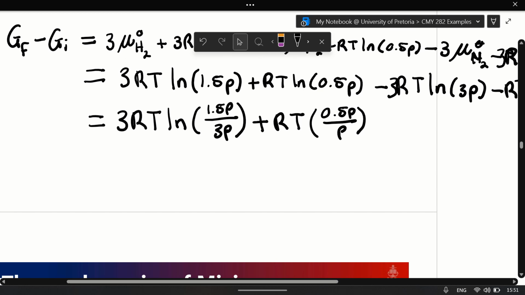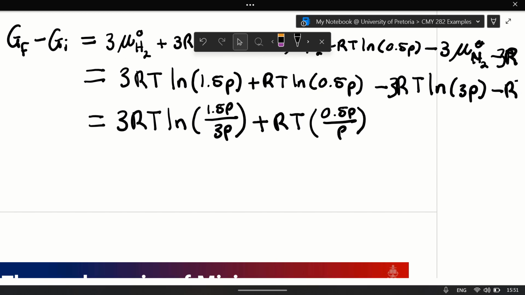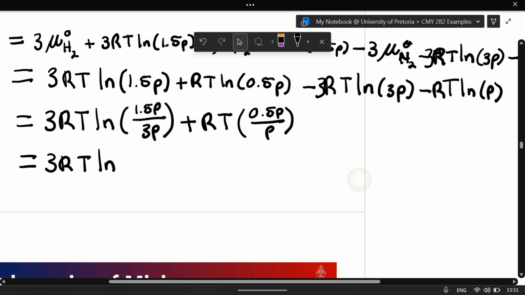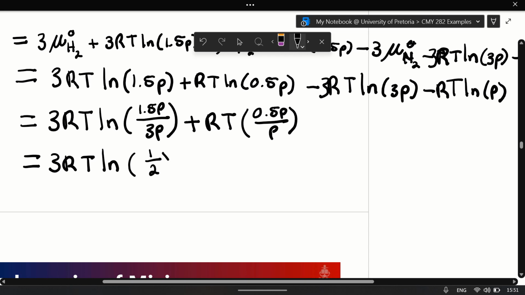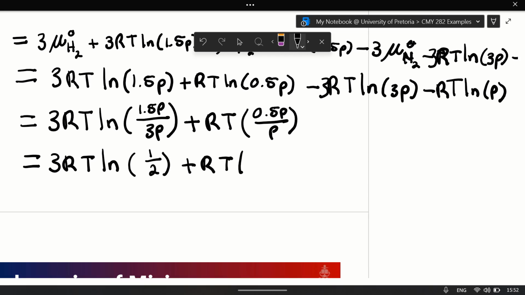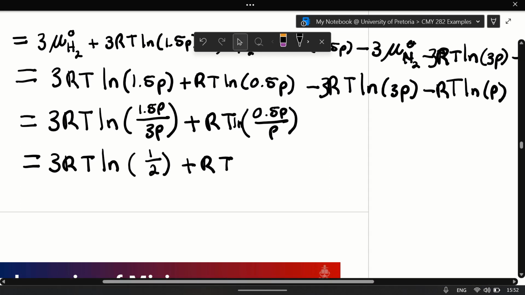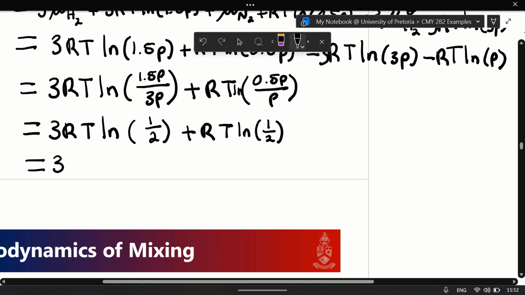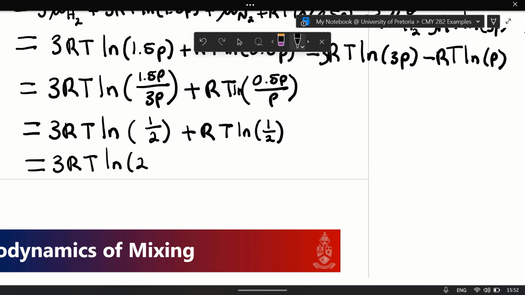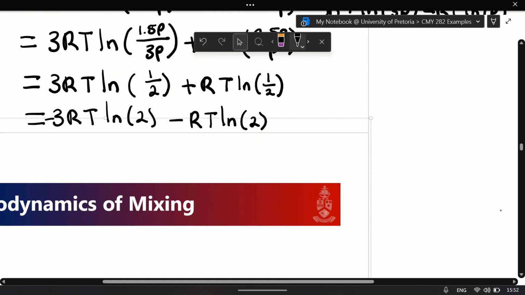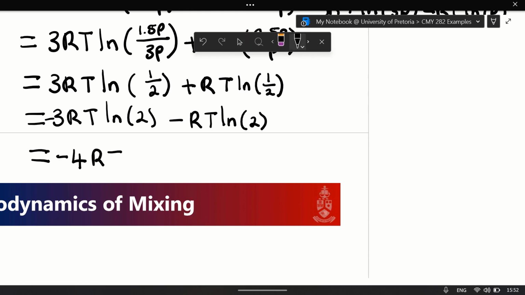Then our P's will cancel, and then we will get 3RT ln a half, plus RT ln a half, or, just to make it a bit easier, 3RT ln of 2, so that's minus ln of 2, minus RT ln of 2, is then equal to, so then we can subtract these two, so that gives us minus 4 RT ln of 2.